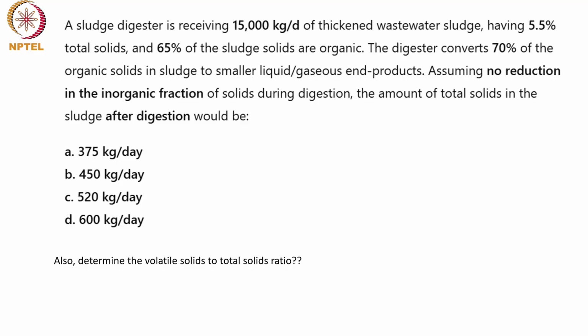Okay, so if you solve this, you will get 15,000 into 5.5 divided by 100 into, let's solve this. So it is 0.35 plus 0.3 into 0.65.